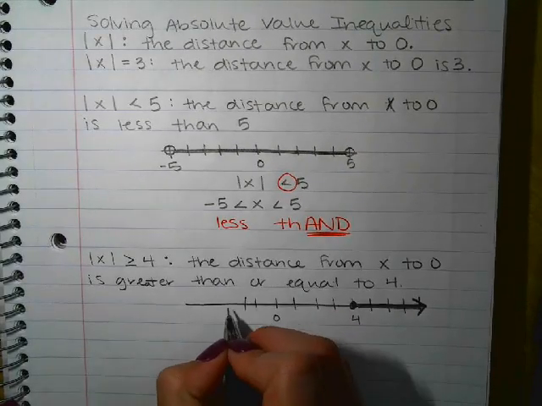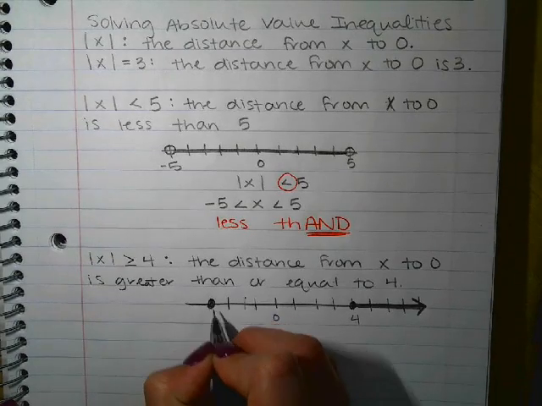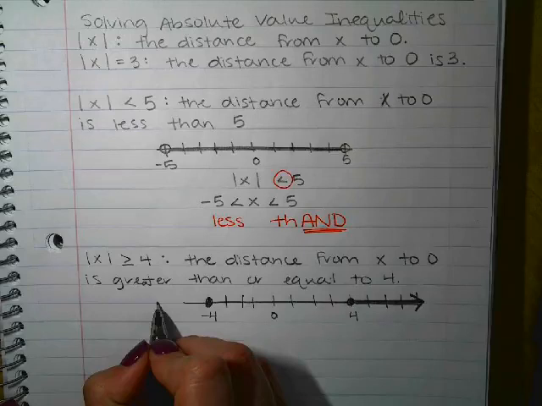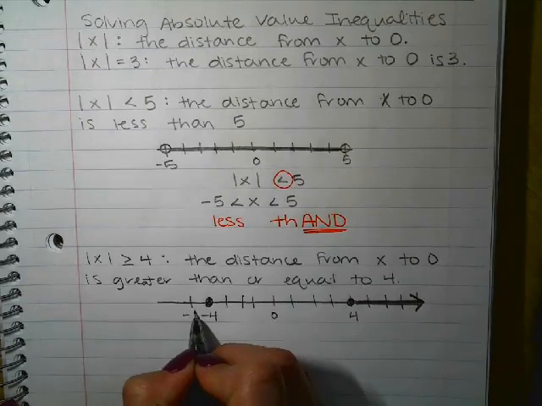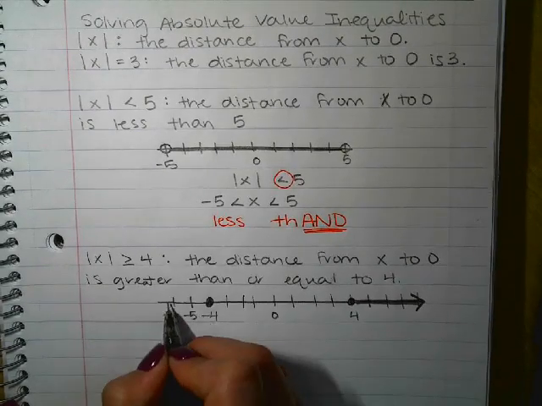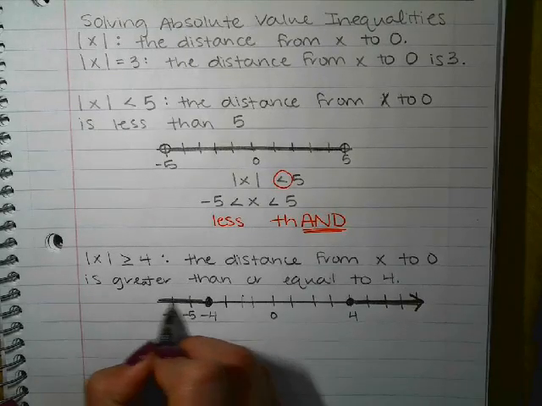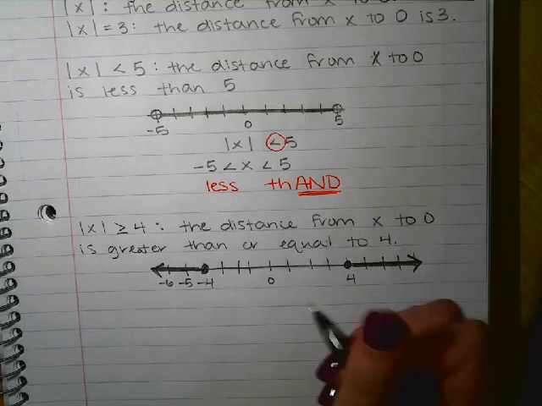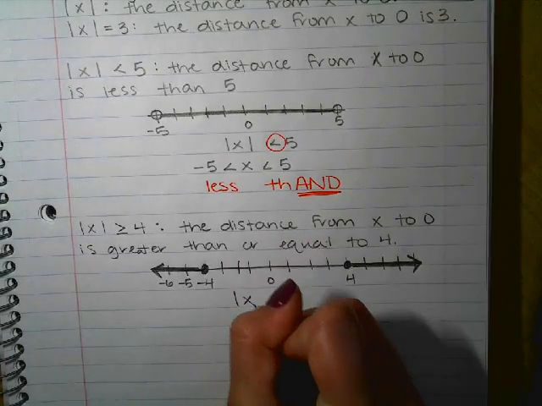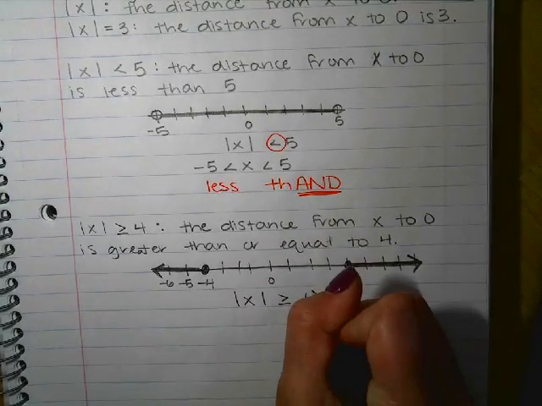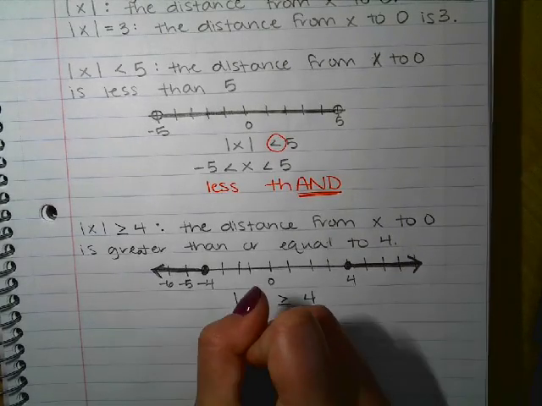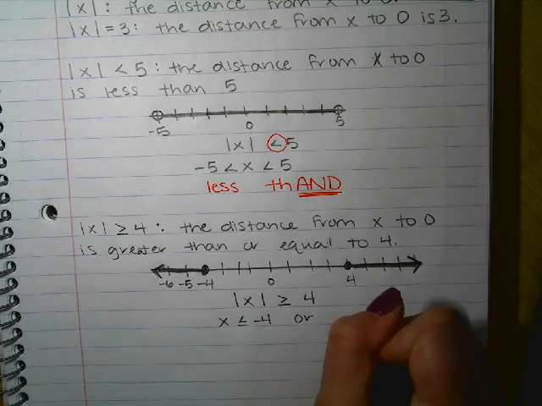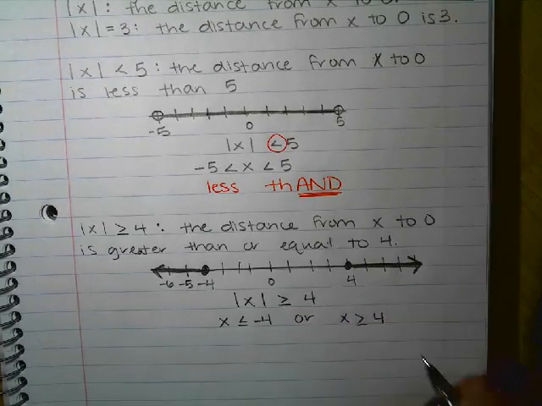Same thing in the other direction. It could be a distance of 4 exactly, so x could be -4, but it could also be -5, -6, anything that creates a distance greater than that. So if the inequality says the absolute value of x is greater than or equal to 4, our solution is x is less than or equal to -4, or x is greater than or equal to 4.